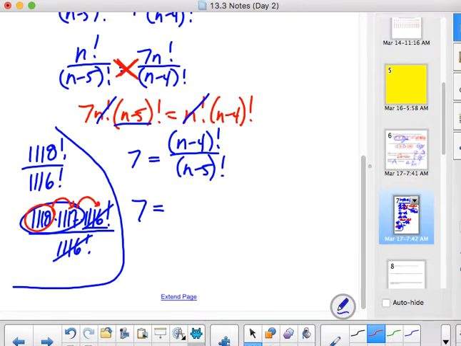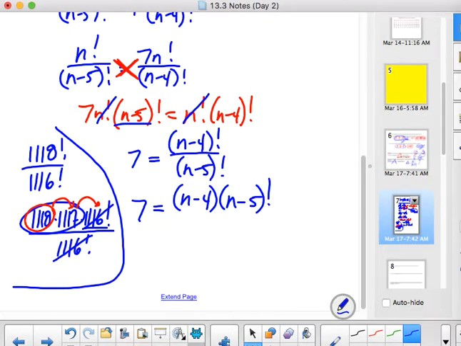And so here, that same thing is going to be true, but what we're going to expand is the top. Because if I have n minus 4 factorial and I subtract 1 for that to figure out what the next factor is going to be, n minus 4 minus 1 is n minus 5.